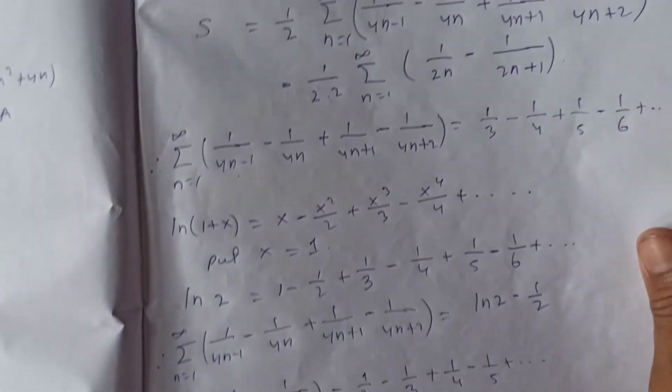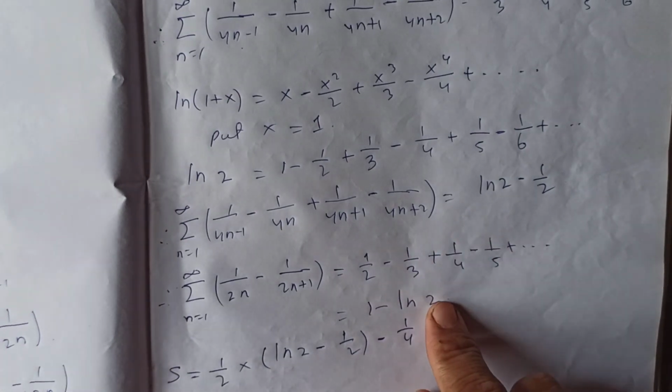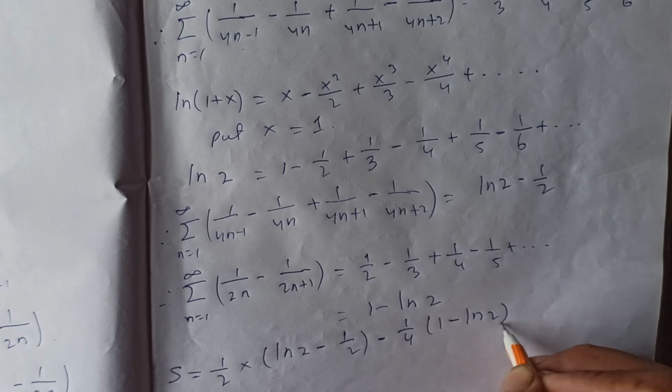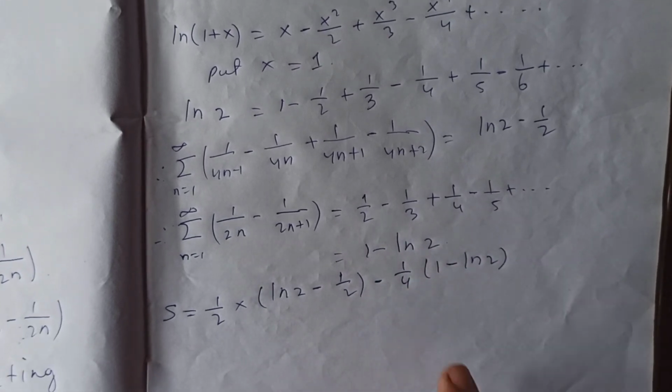This sum is the same as this one, so this is 1 minus natural log of 2. Okay, now simplify this one.